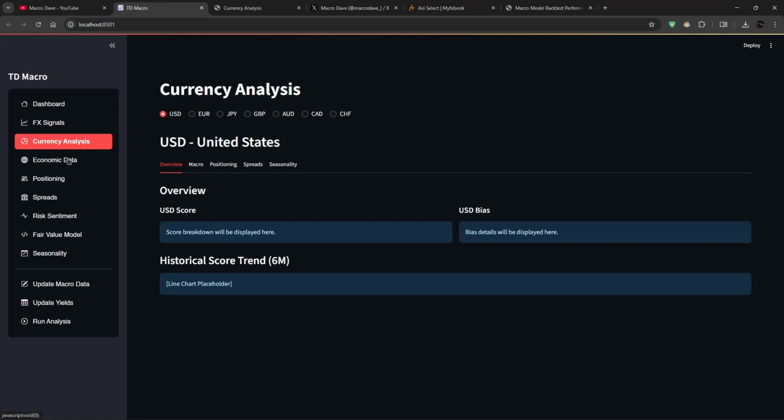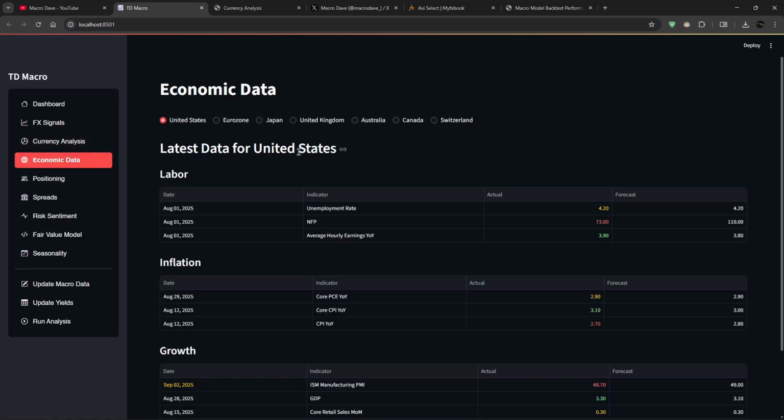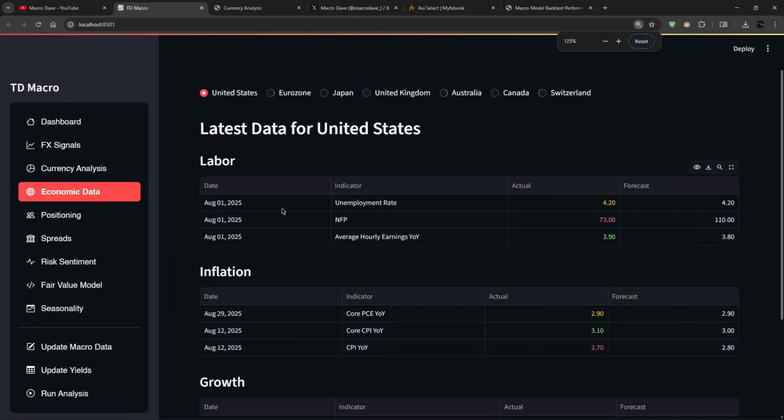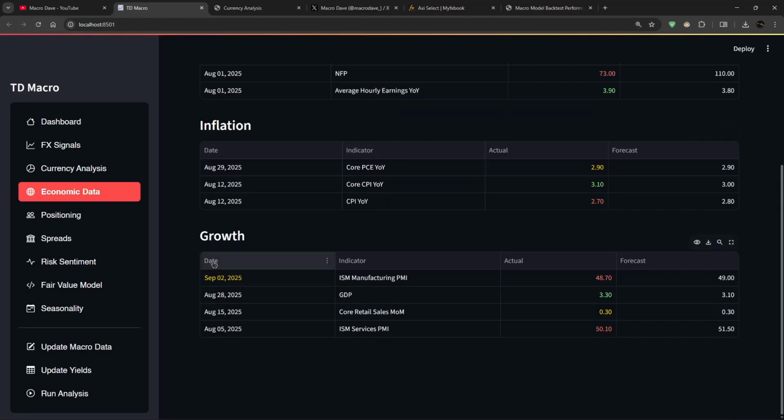So that's currency analysis. Next we have economic data, and this is very straightforward. It just shows you the economic data from each country. You can see that some of the colors here are yellow. When the color is yellow, that means this is data that was released this month.